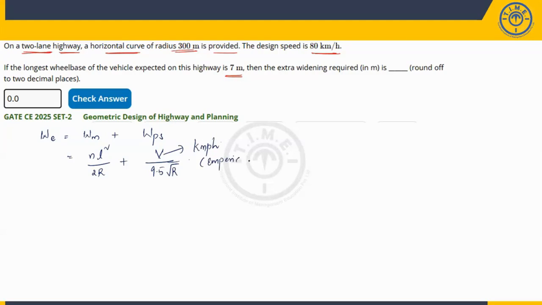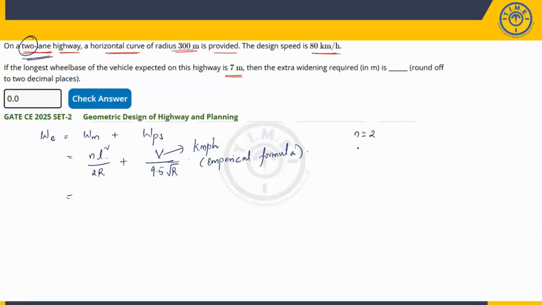What is the type of the formula? This is an empirical formula. Empirical formula means the units given in the formula, we need to substitute in the same units. So the number of lanes n is equal to 2, since a 2-lane highway is mentioned.